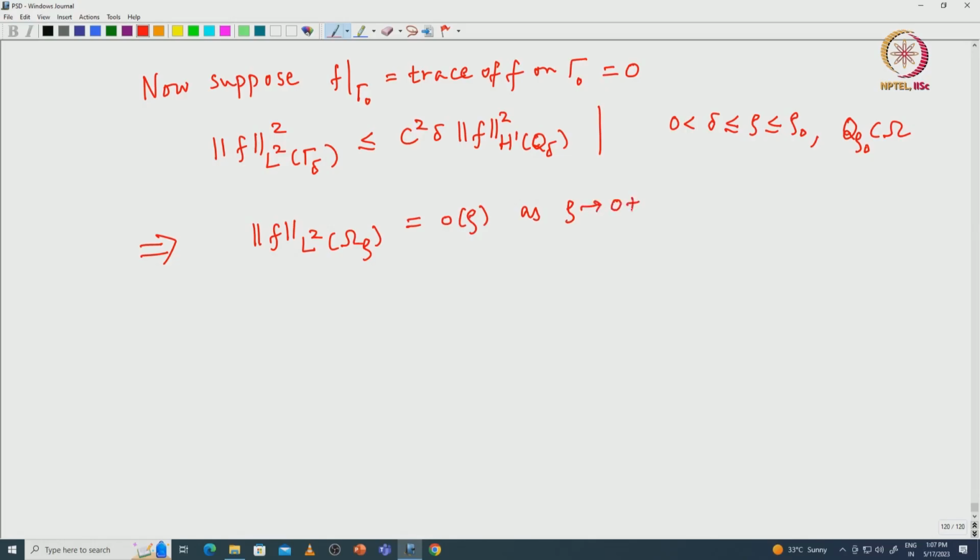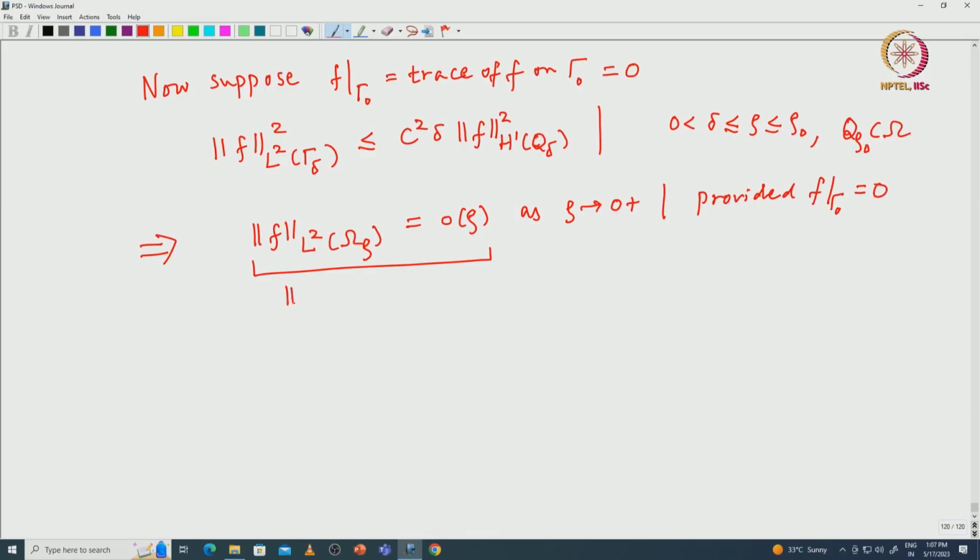Provided that you remember that on gamma 0 the trace is 0.